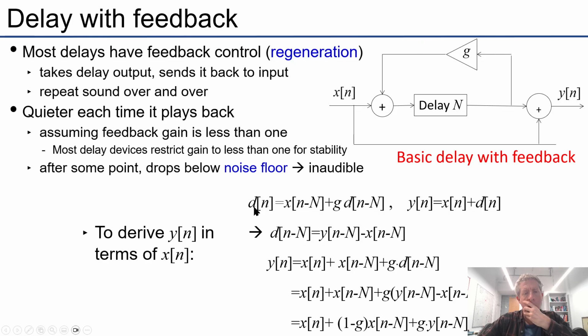So that's this equation. d of n equals x of n minus capital N, for the delay capital N, plus g times d of n minus capital N. That's what gets fed back and output into y of n, which then gets summed with x of n for the final output. So we have these two equations.